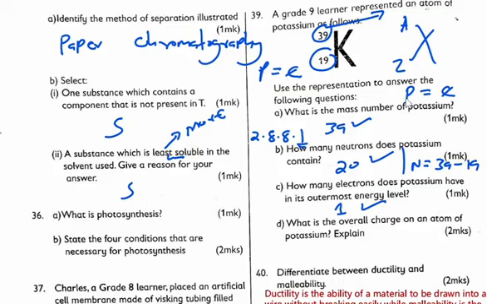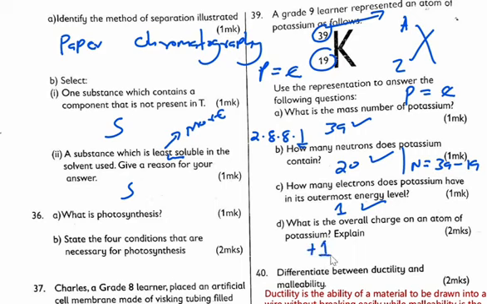This means if the protons are 10, then electrons are 10. Now for potassium, we have 19 protons and 19 electrons. But when it loses 1 electron, now we'll be having more protons than electrons because it's lost 1 electron. And therefore, the charge, we're going to say it is +1.